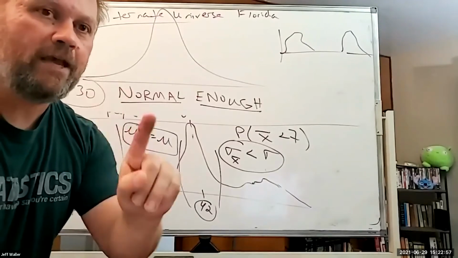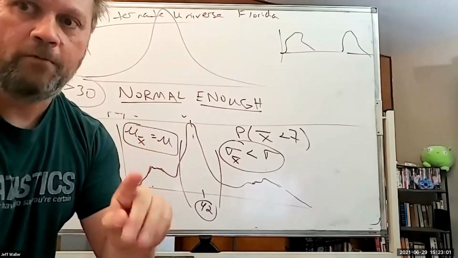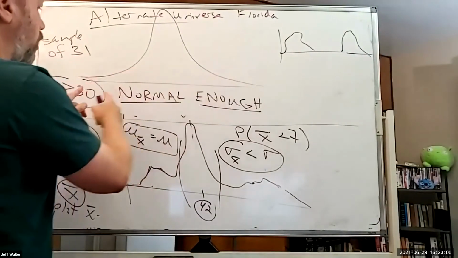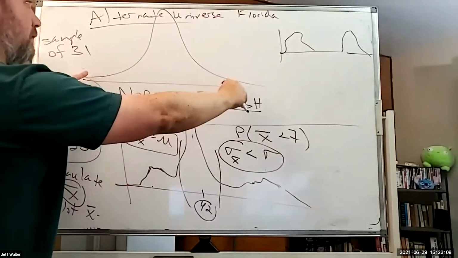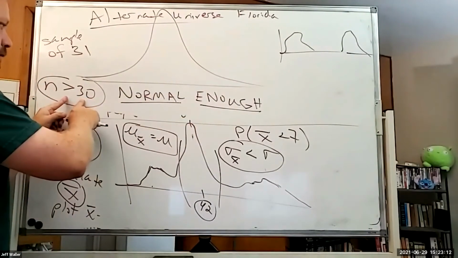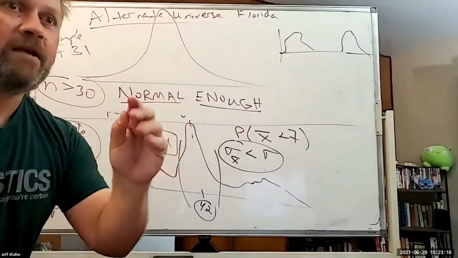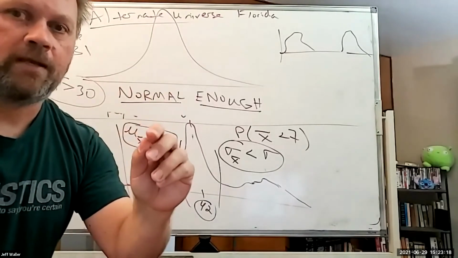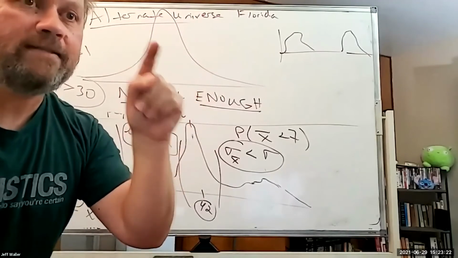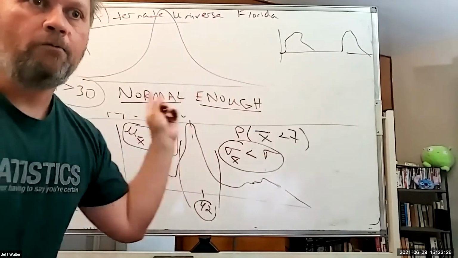If the sample I'm taking is more than 30, which means I would be comparing them to all groups of that size, then the picture I would make, if I did take every group of that size, would be normal.